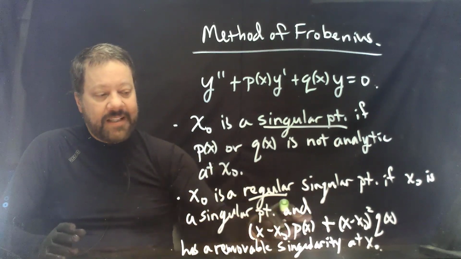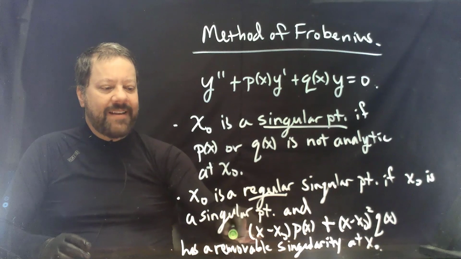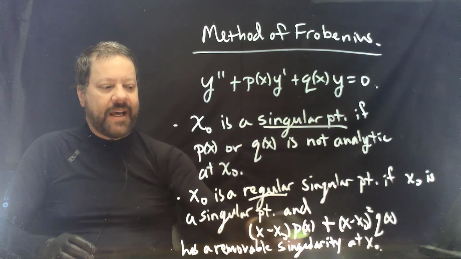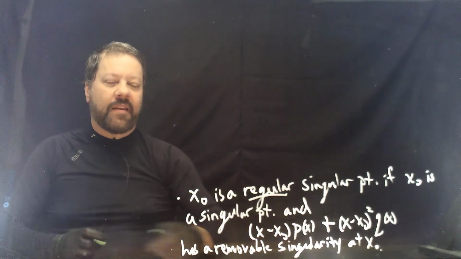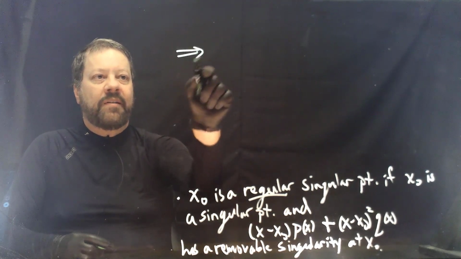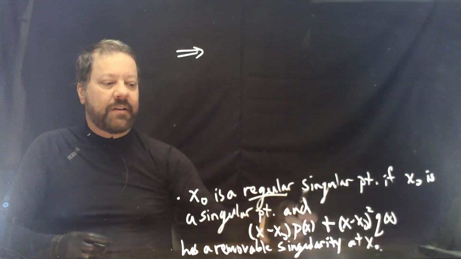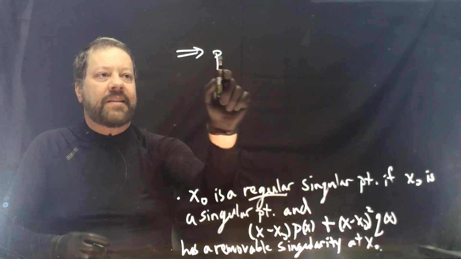In each of these cases, we can then take a limit as x goes to x naught on each of these. And so the assumption of a regular singular point implies that these limits exist.